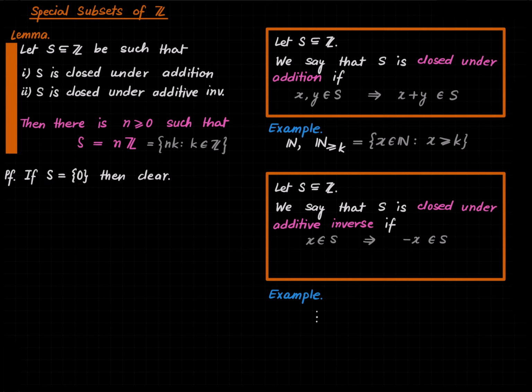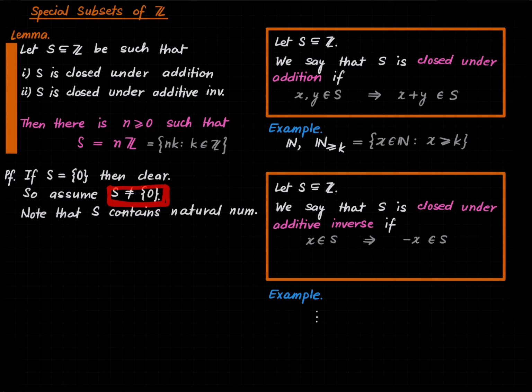So assume S is not this set. Note that S contains natural numbers. Why is that? Well, pick any non-zero element in S. Since S is not this trivial set {0}, it must contain something non-zero.